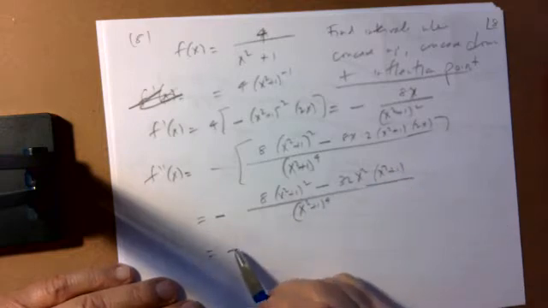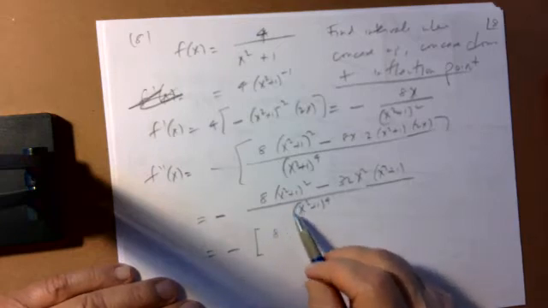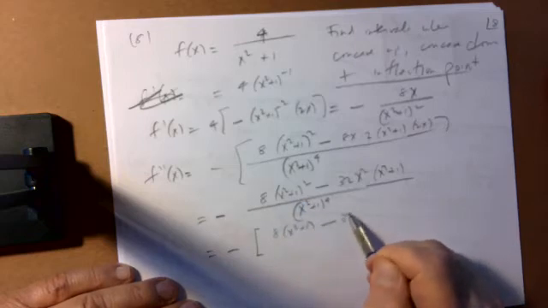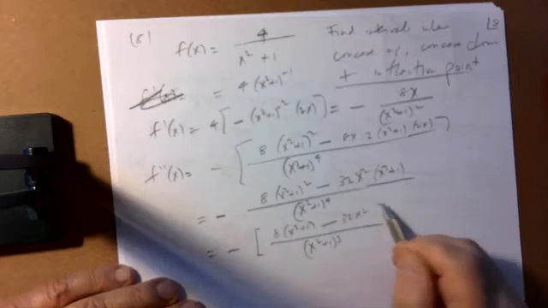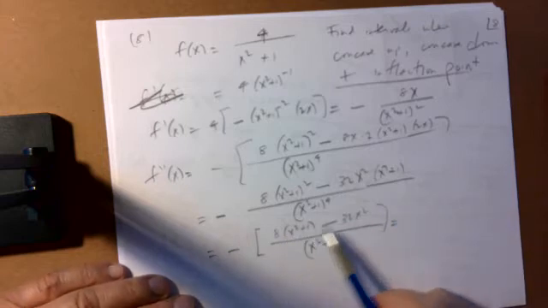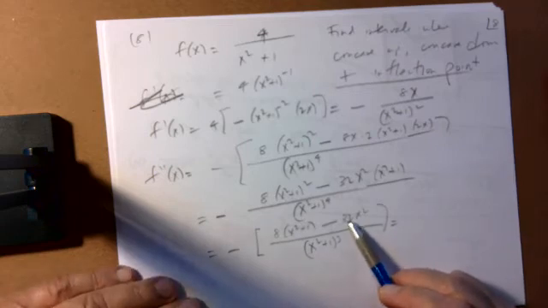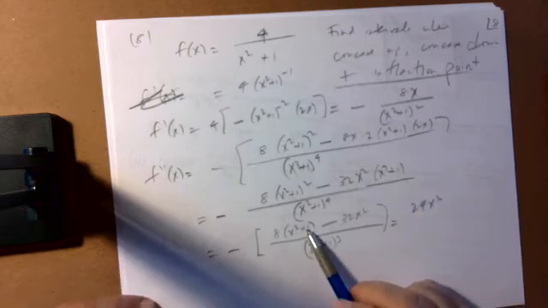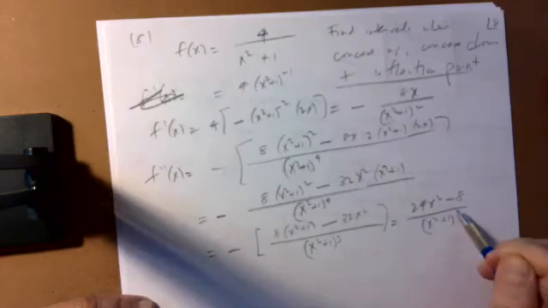So this is minus 8 times x squared plus 1 minus 32x squared over x squared plus 1 cubed. So what is this? This is 8x squared minus 32x squared. That's minus 24x squared, times minus, I can write this as 24x squared plus 8, so it's minus 8 over x squared plus 1 cubed.